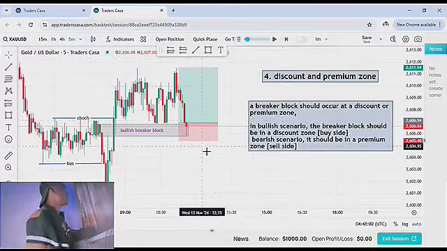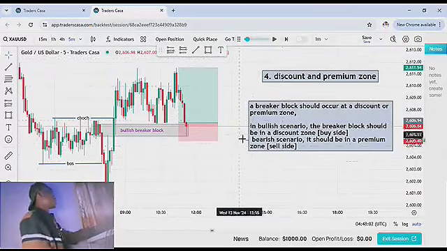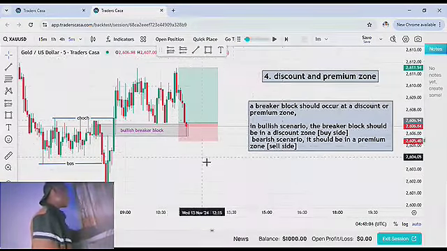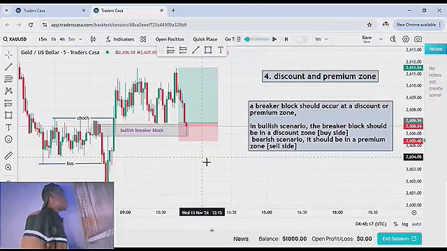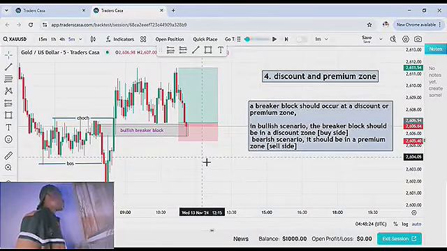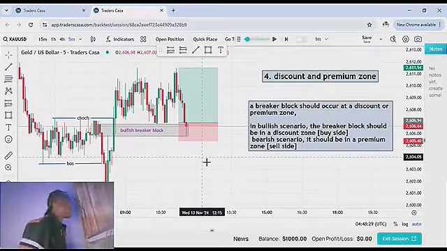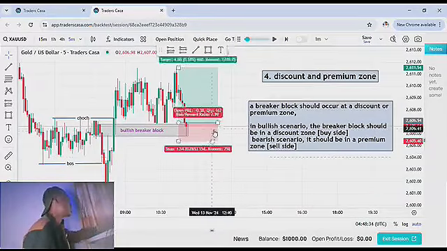It should occur in your discount level. So let me read it out for you guys. A breaker block should occur at a discount or premium zone. In a bullish scenario, the breaker block should be in a discount zone, which is the buy side, while in a bearish scenario, it should be in a premium zone, which is the sell side. You understand? Simple. This is not hard.